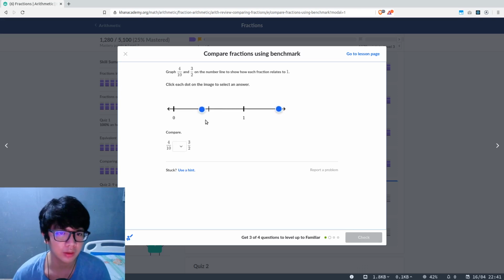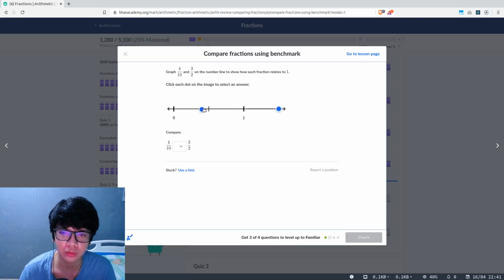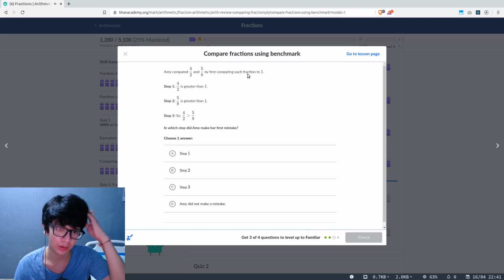Graph 4/10 and 3/2 on the number line. Let's do 1. So this is 4/10 and this is 3/2, and clearly one is larger.